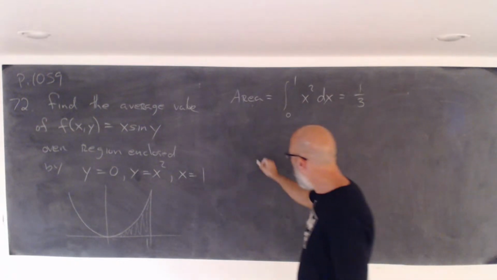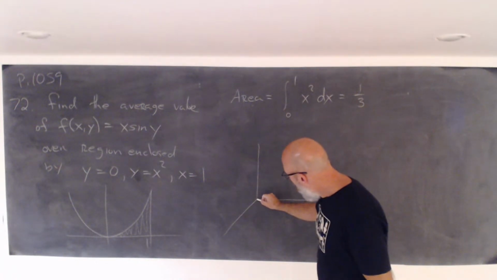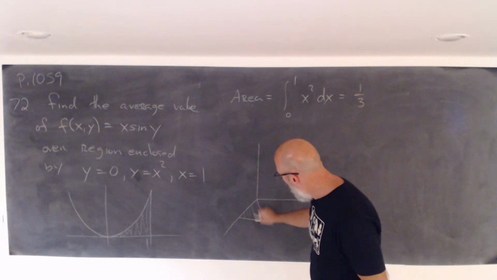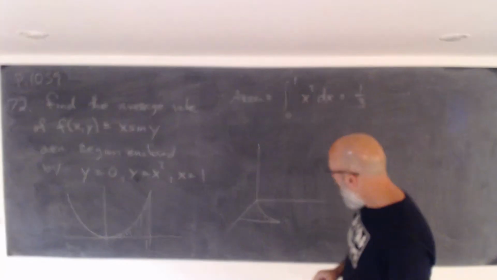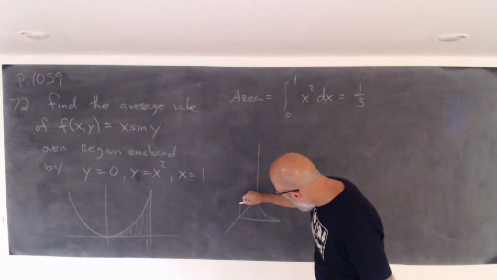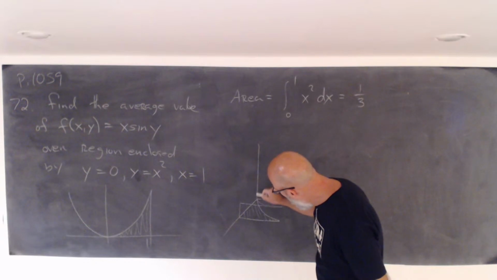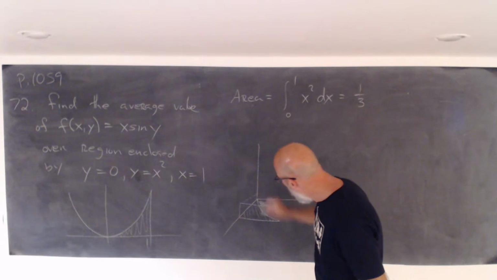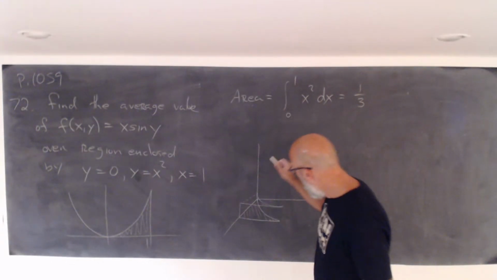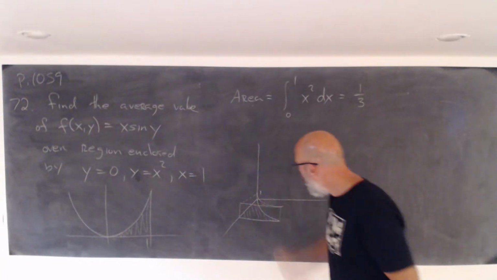However, let's look at our region again and imagine there was a function hovering above, a function which had height 1.